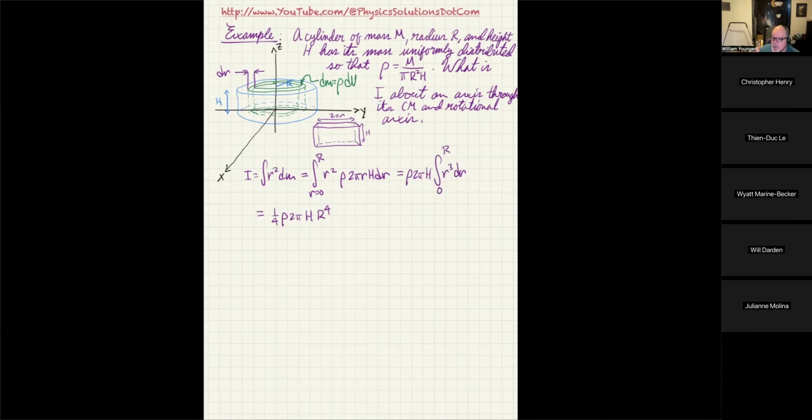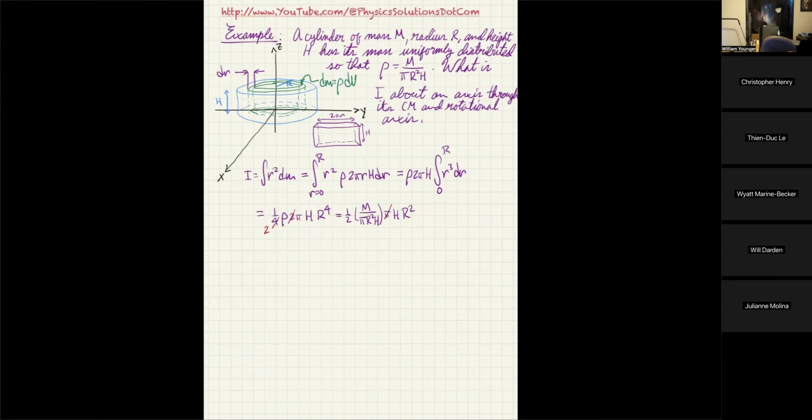Remember, we evaluate r to the fourth at big R, and then we evaluate r to the fourth at 0, but the 0 one disappears. Now I'm also going to, first off, notice that this 2 cancels out with this 4 and leaves a 2. And that's going to give me a 1/2. And then the rho, of course, is m over pi r squared h. And then I've still got a pi up here, and I've got an h up here, and I've got an r squared up here.